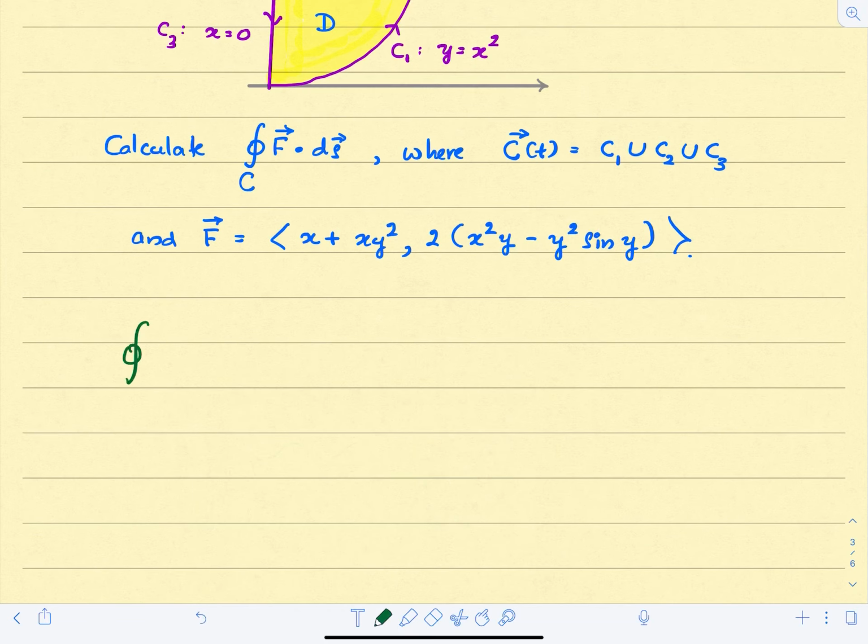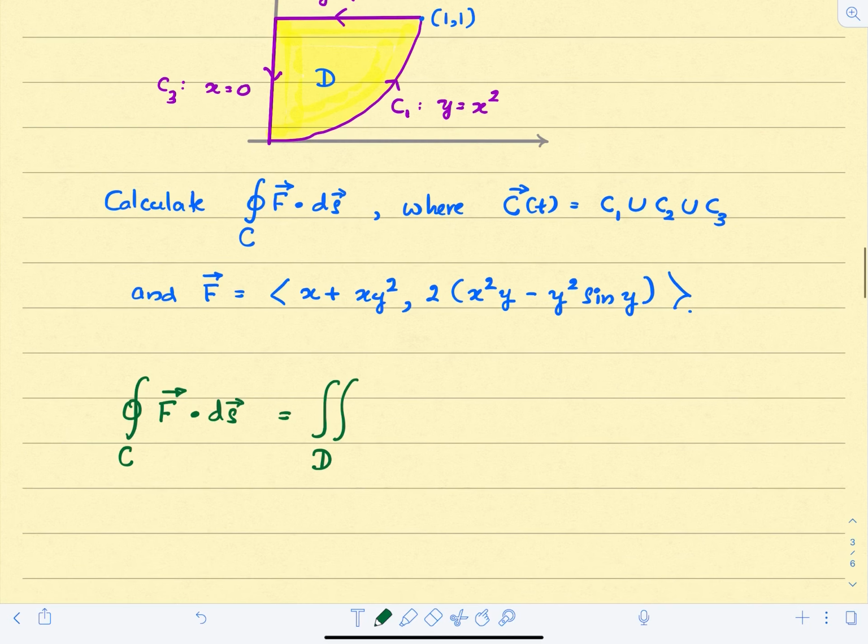So the line integral over the closed curve of f dot ds equals the double integral over the domain D. Now what is your integrand?